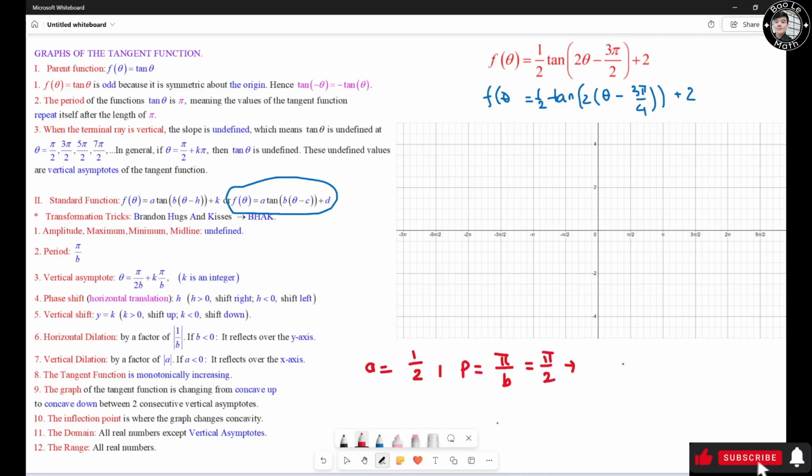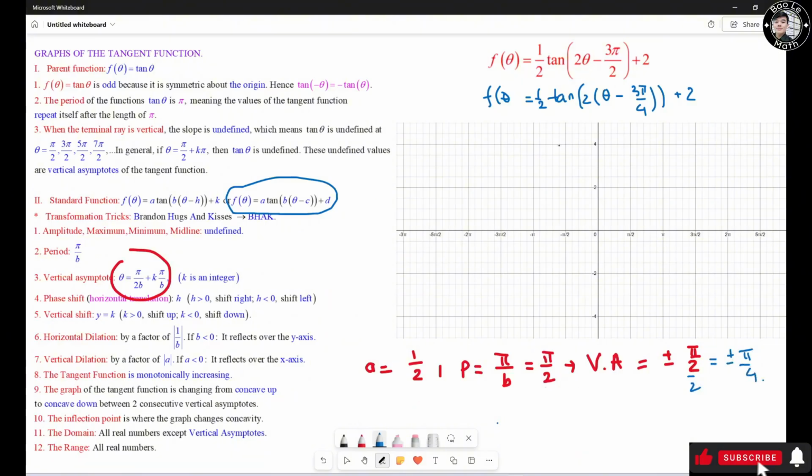After you have the period, you divide it by 2, right? Now 2 is not this number, 2 is from the formula right here. Alright, so the vertical asymptote should be plus and minus pi over 2 divided by 2. So it should be plus and minus pi over 4, right?